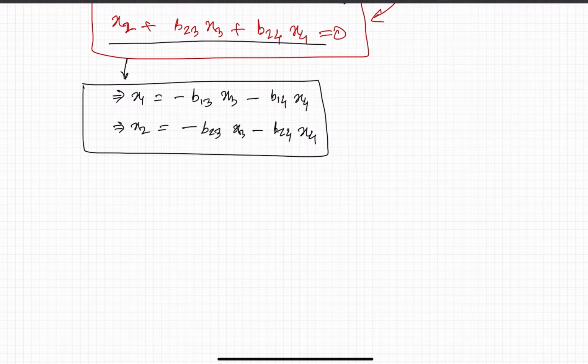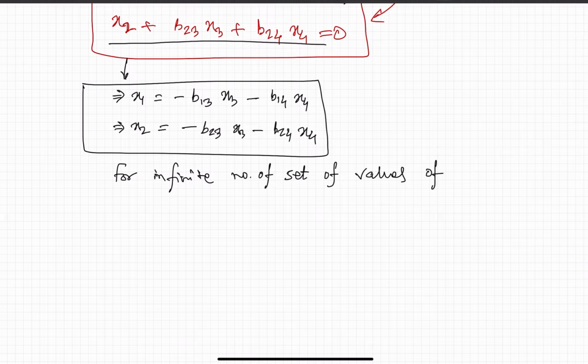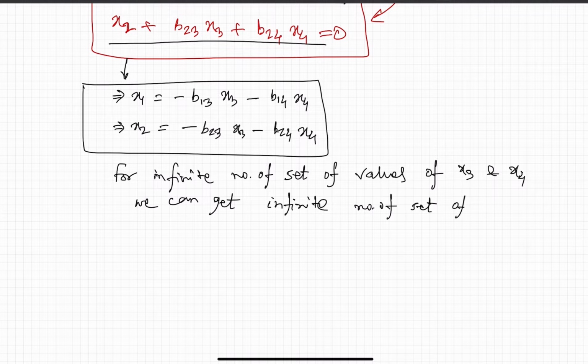So actually we can write it in this way: for an infinite number of sets of values of x3 and x4, we can get an infinite number of sets of values of x1 and x2.